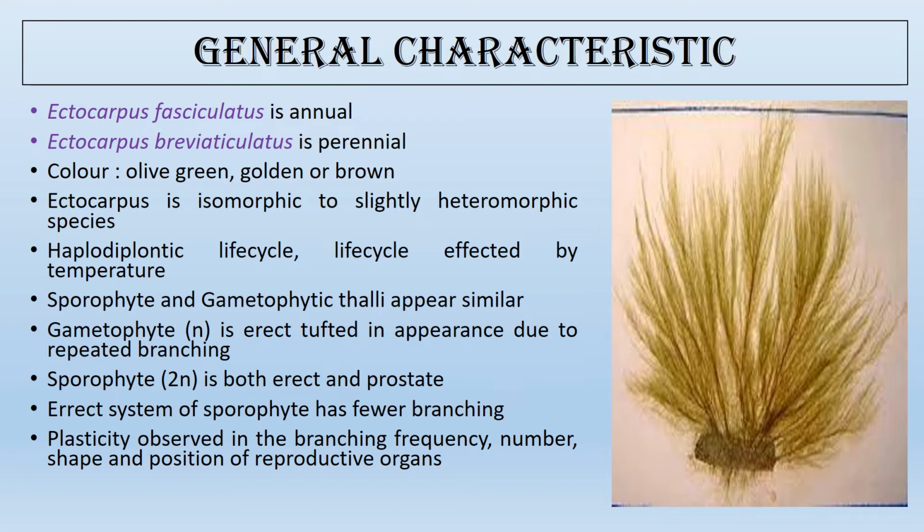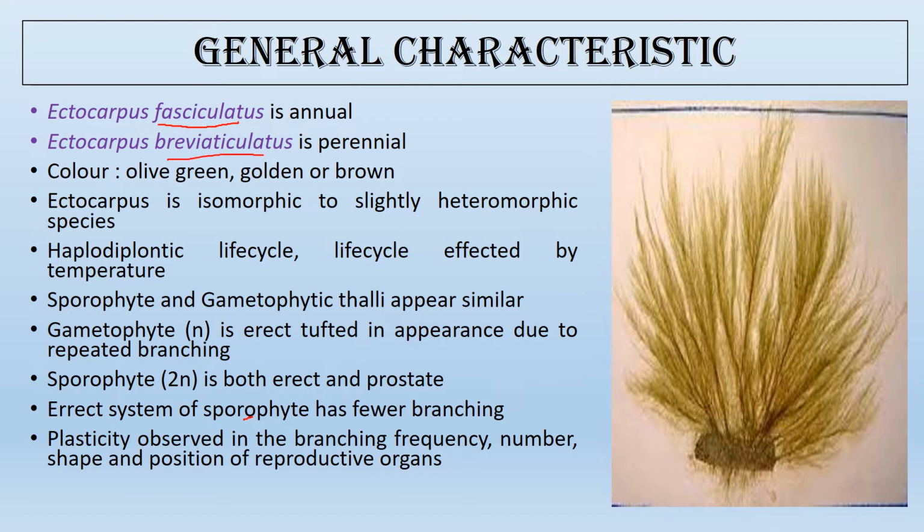Now Ectocarpus is of two types. One is the annual species and another is the perennial species. Ectocarpus fasciculatus is annual, and Ectocarpus breviarticulatus is perennial.